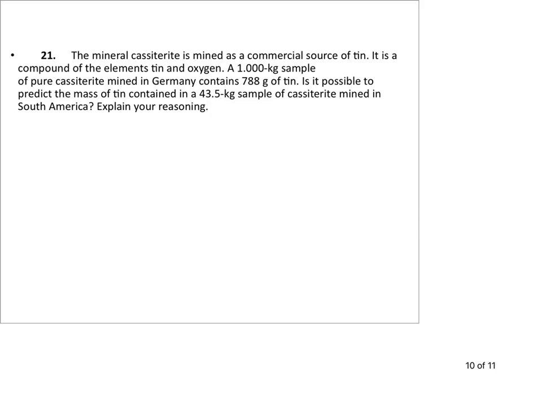Number 21. The mineral cassiterite is a commercial source of tin. It's a compound of the elements tin and oxygen. A 1 kilogram sample contains 788 grams of tin. Is it possible to predict the mass of tin in a 43.5 gram sample mined in South America?